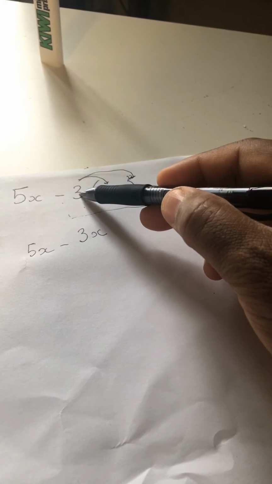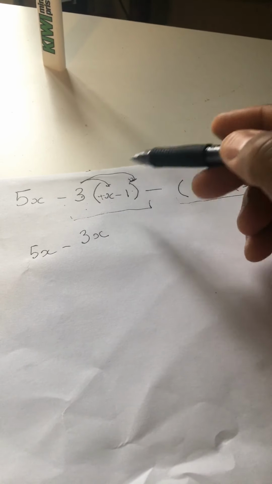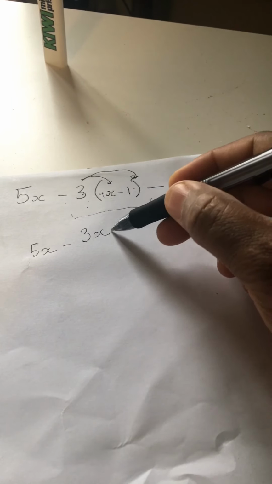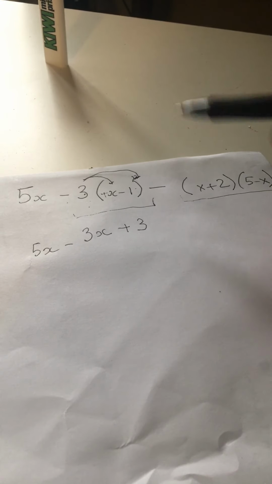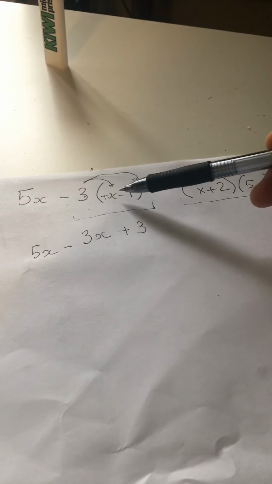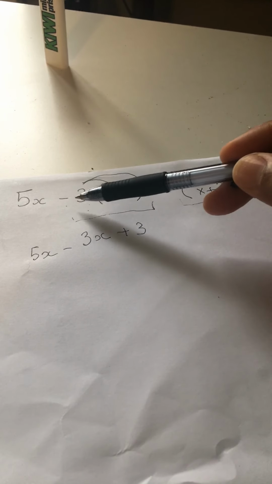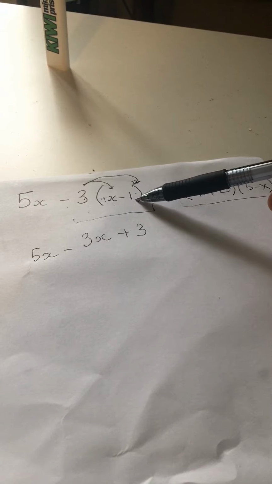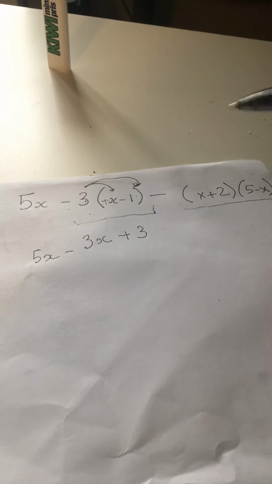Then you have a minus 3 times a minus 1. So minus times minus gives you plus. So you end up with a plus 3. So you have that minus 3x times a plus x gives you minus 3x. Minus 3 times a minus 1 gives you plus 3. Now you've removed those brackets.